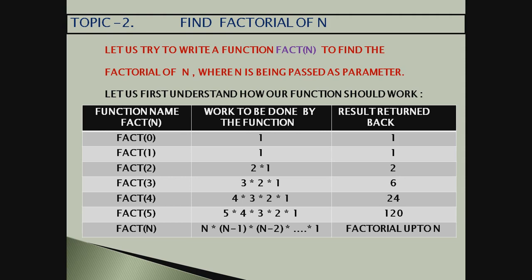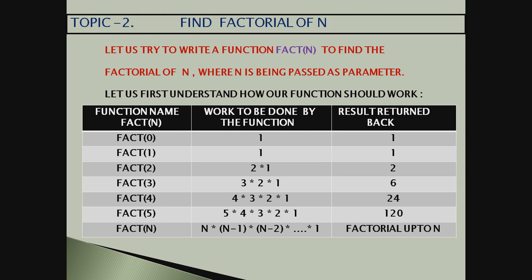And fact when passed with 1, it would also give us 1. So we have two terminating cases here, because both of them give back a definite minimum value. That value is 1.